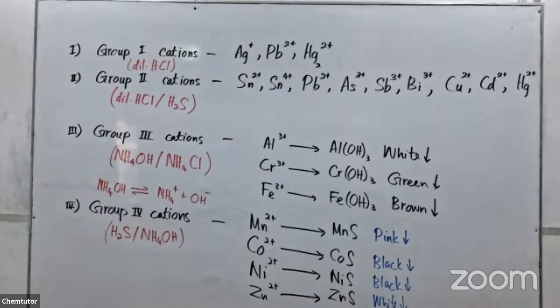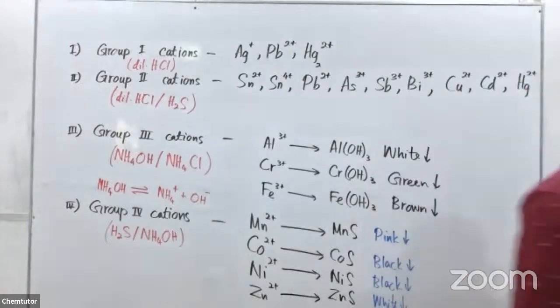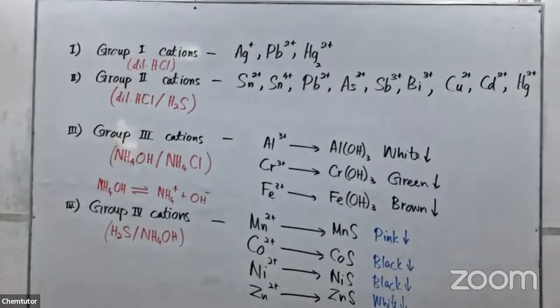The precipitate from 5 is dissolved in hot dilute HNO3 and excess ammonia is added. A green precipitate is observed first, and it dissolves and a blue solution is observed. Yeah.